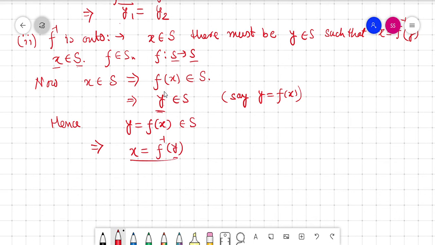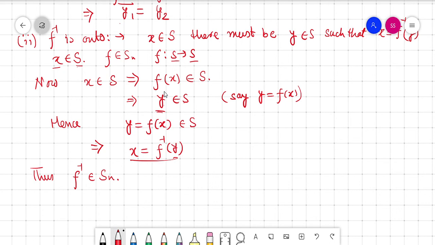So it shows that f inverse is onto, and since f inverse is 1-1 and onto as well, therefore f inverse is a permutation and so belongs to Sn. Yes, it is what we want to prove.